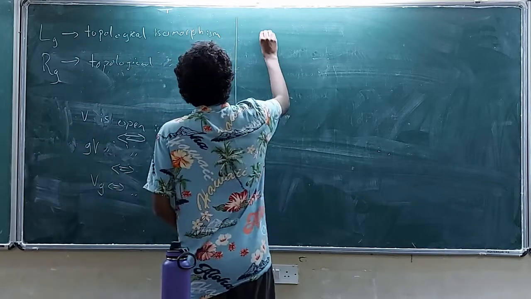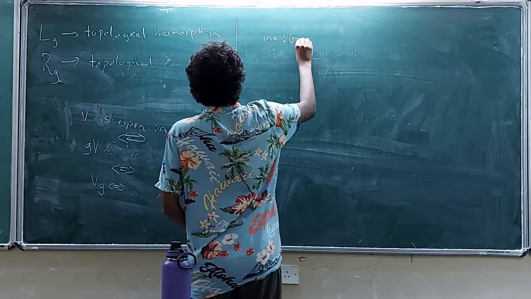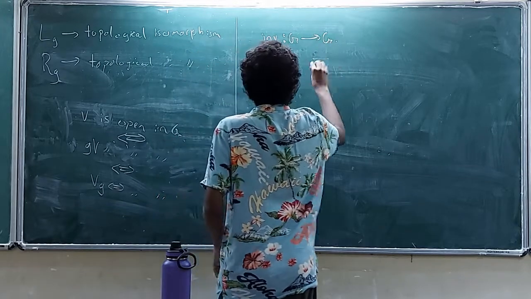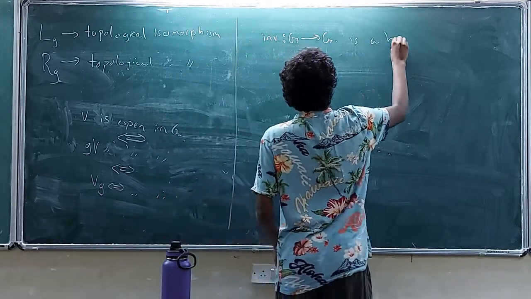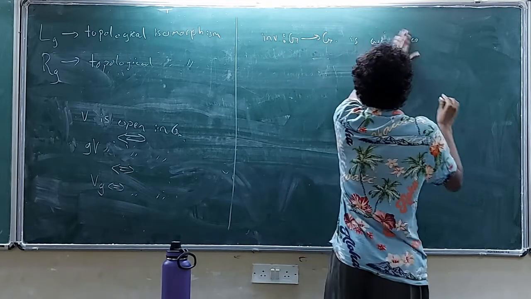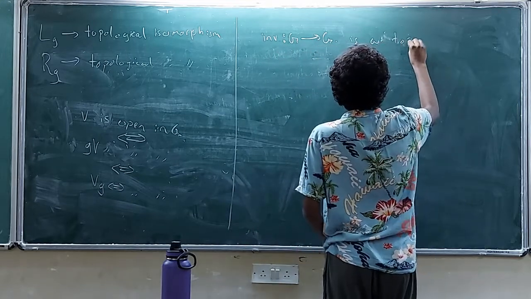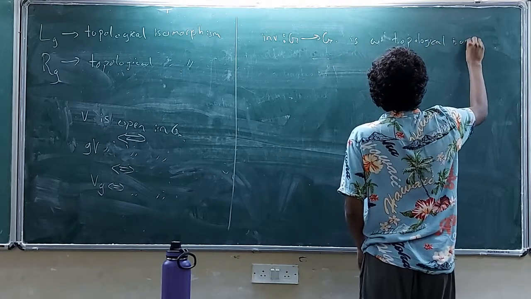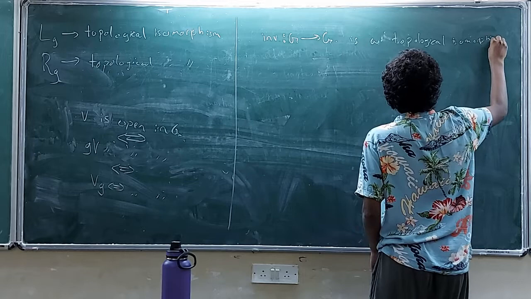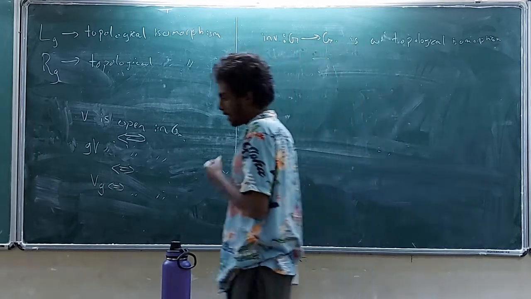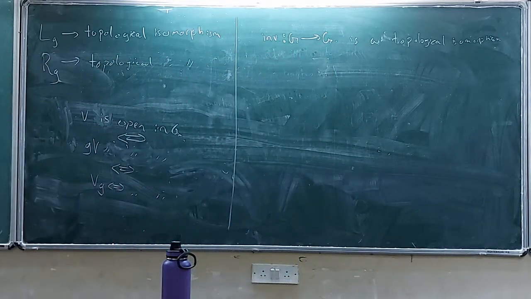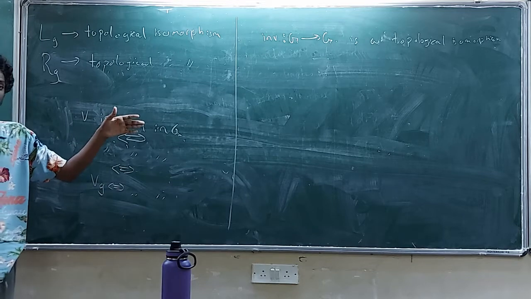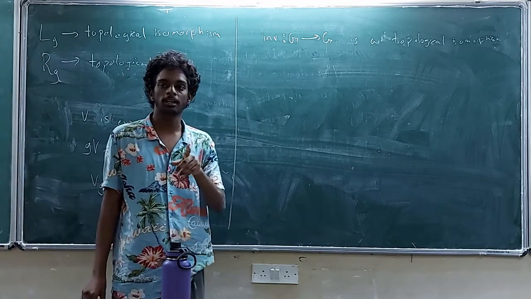So similarly, inv is a topological isomorphism. Right? So, by the way, just the fact that it is an isomorphism and it is continuous in one way does not imply that it is a topological isomorphism, right?